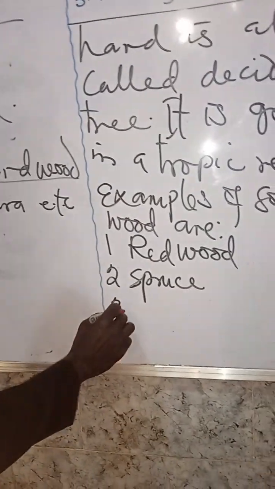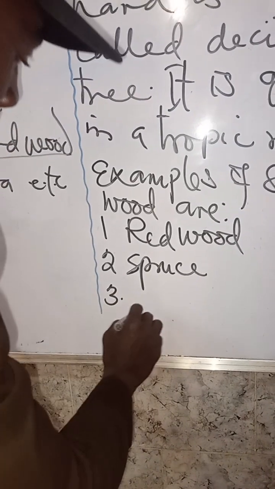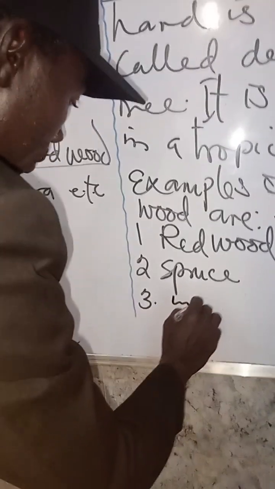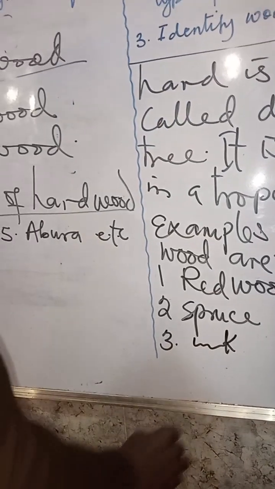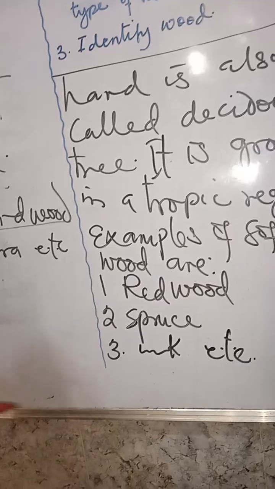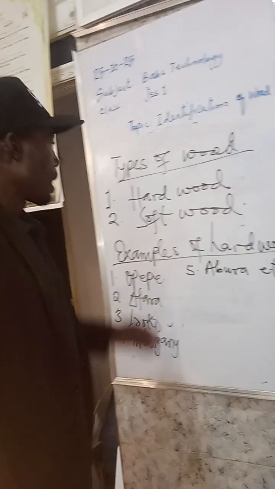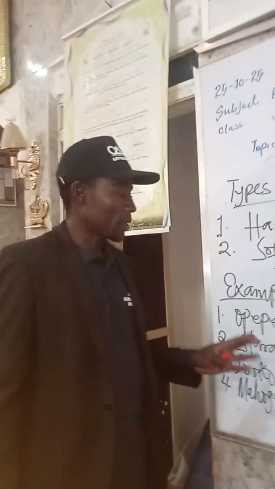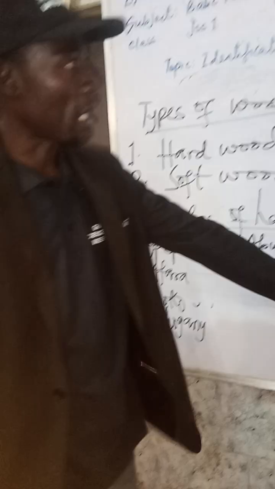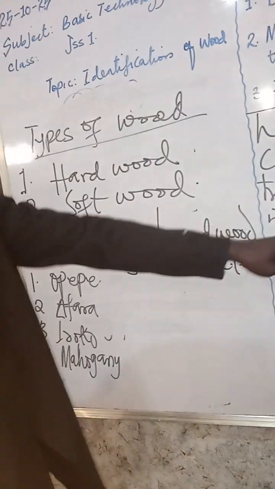Three, we have pine. Is that taking? Yes. These are some examples of softwood. We have hardwood and softwood, and these are the examples of hardwood and examples of softwood.